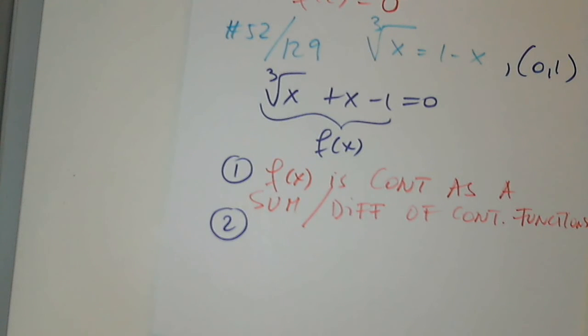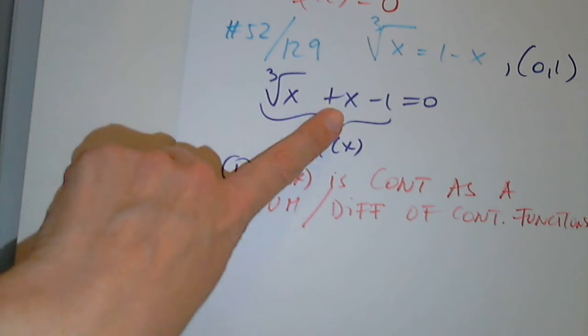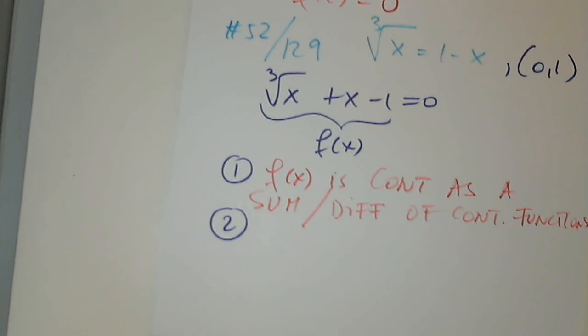That's the key. Therefore, it is continuous everywhere. The cube root is defined everywhere, x is defined everywhere, and then minus 1 is minus 1.